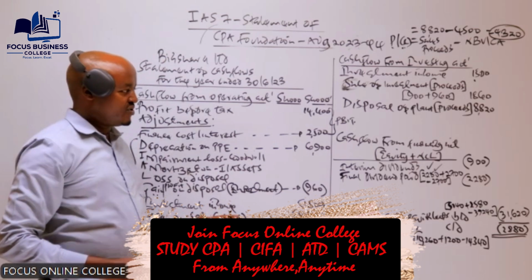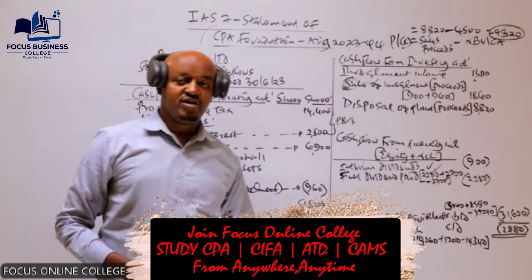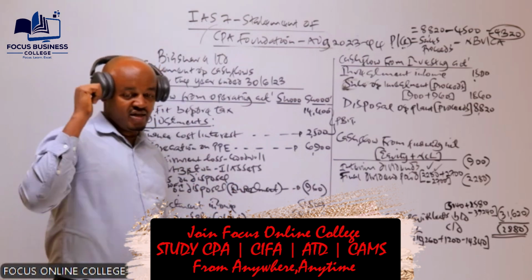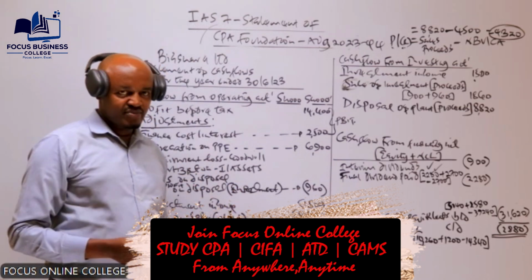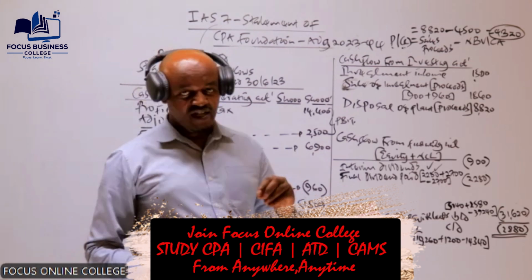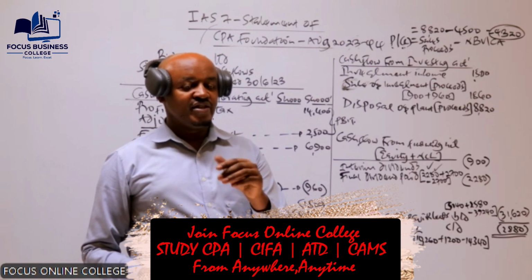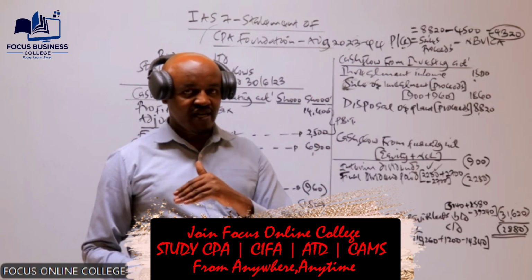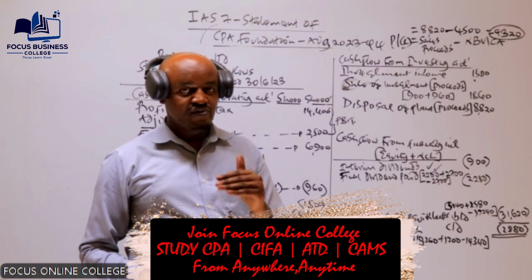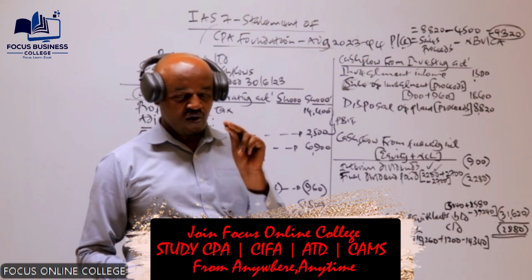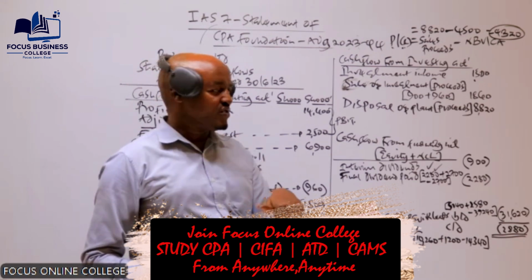Juma, I've said the computation of this, we are using the same concept. If you have understood how we computed the tax paid in the previous question, we are using the same concept. The proposed dividend in the current liabilities is the dividends which were not paid at the start and also at the end. The proposed dividends we have in note number 5 are the dividends the company was supposed to pay during the current year. So how do you compute the actual dividends which were paid during the current year?